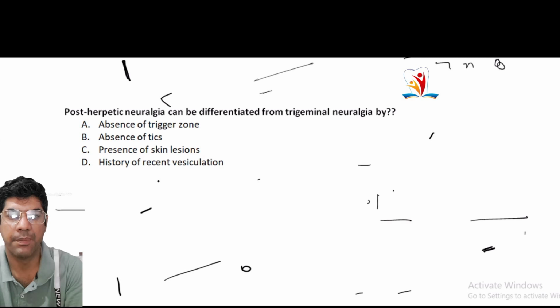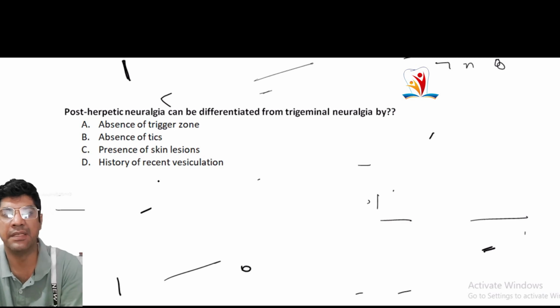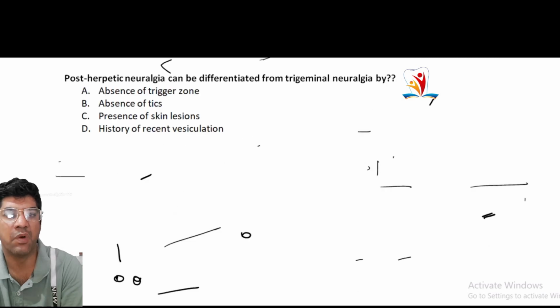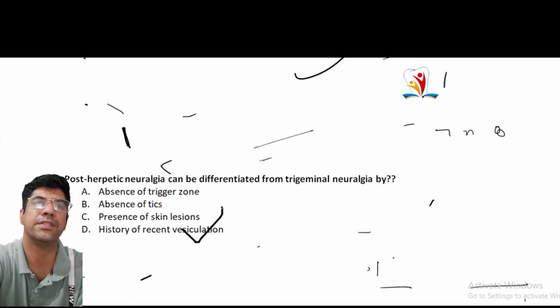Post-herpetic neuralgia is typically associated with a history of recent vesiculation, as it occurs as a complication of herpes zoster, that is characterized by painful rash with vesicles, whereas trigeminal neuralgia does not involve skin lesions or vesiculations.